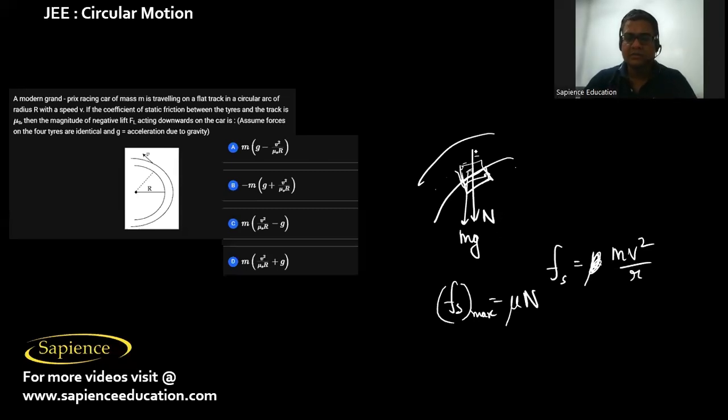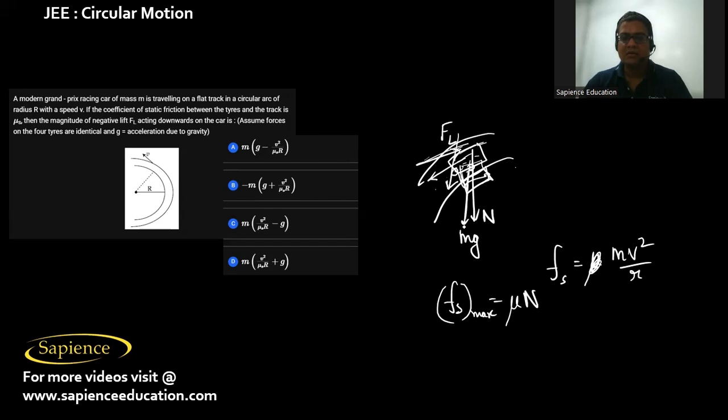Okay, so here actually what happens, the negative lift means that the air will exert a force when the car moves forwards. The air will exert a downward force on the car, which will be called the negative lift.